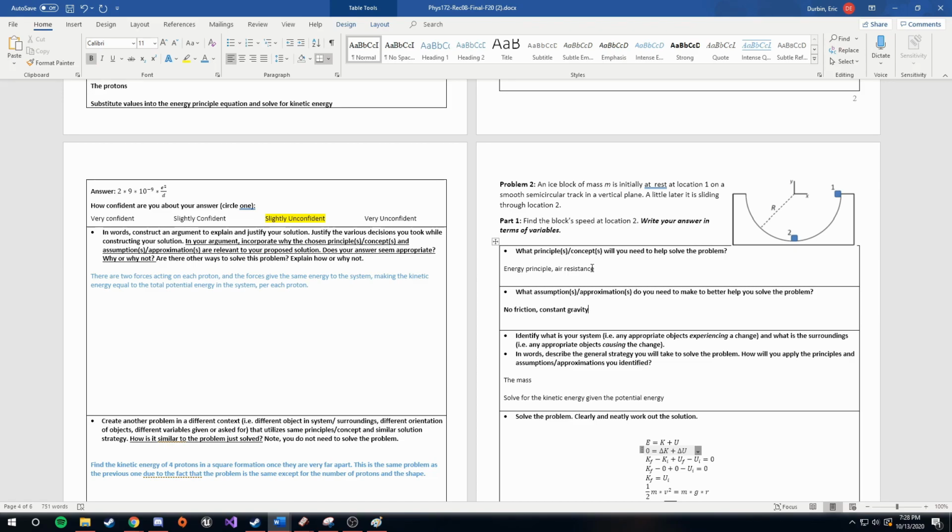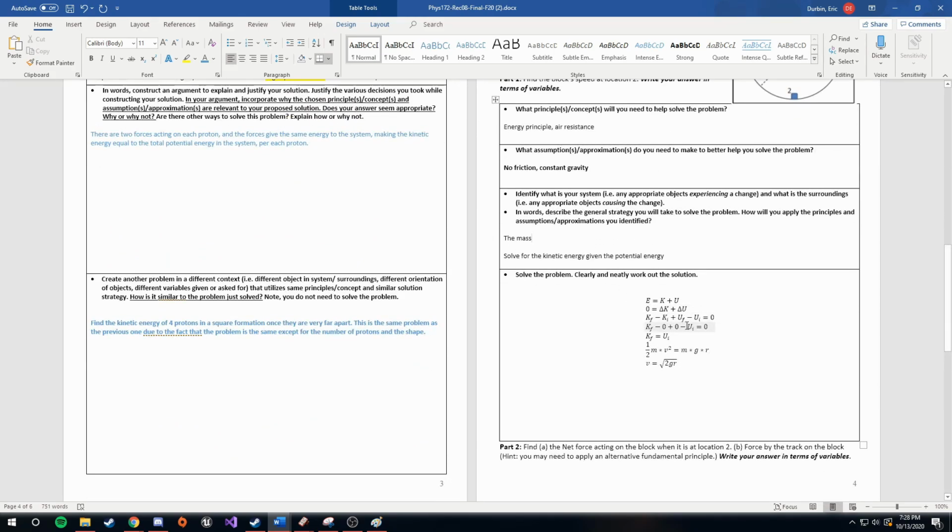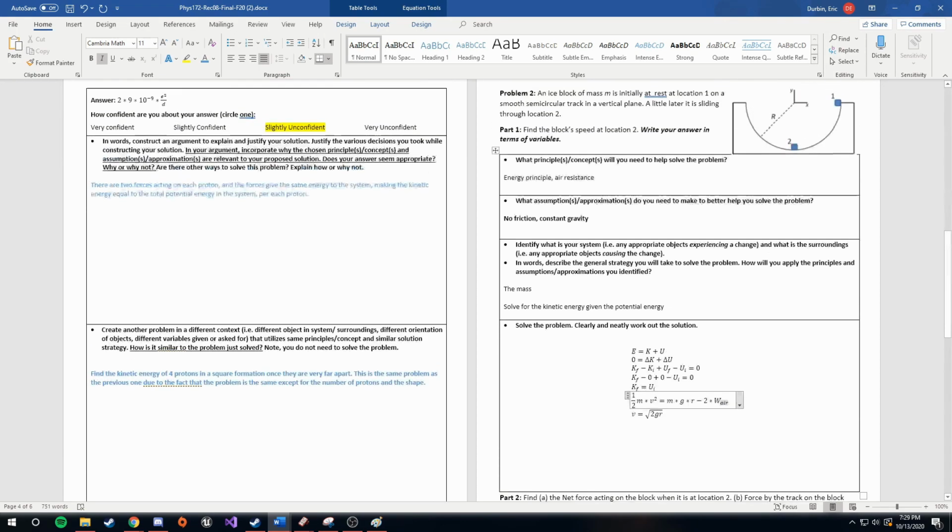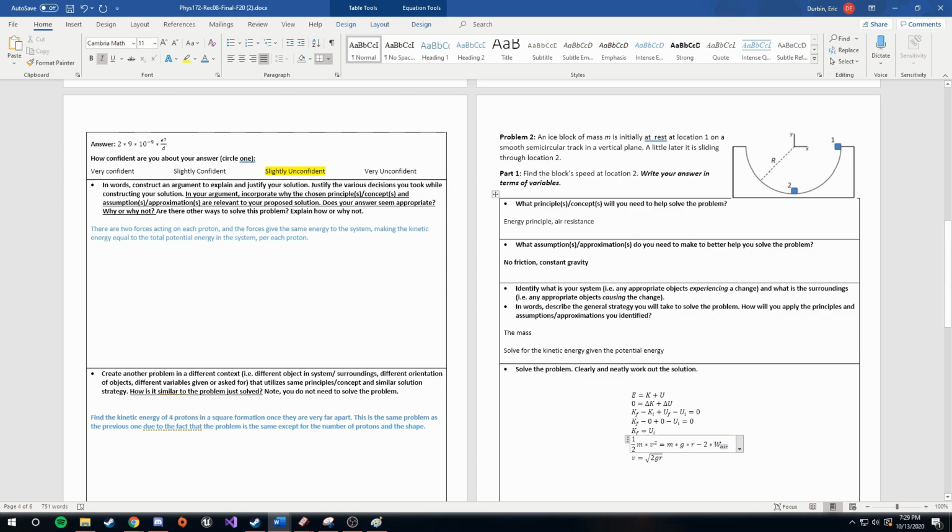Technically, we don't need air resistance to solve this problem. Why are we using air resistance? We don't need it, because it's not like we're dropping a coffee filter.